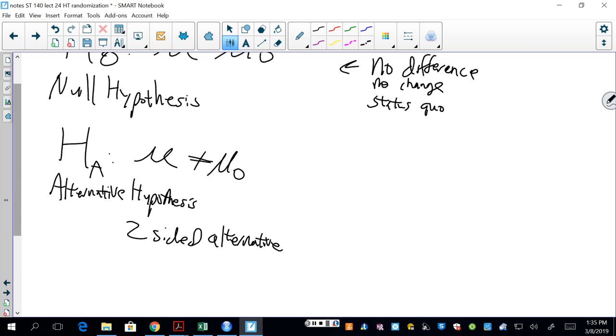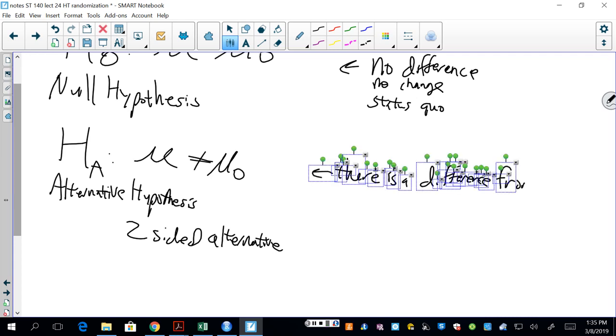So that alternative just says it's not that value. Some things have changed, some things are different. It's not what you expected. There's a difference somehow from the null hypothesis value.